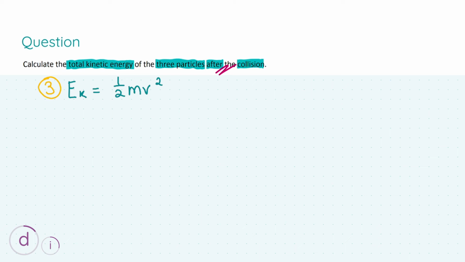Because there is a creation of a particle within this collision, we're going to need the mass energy equivalence formula too, namely E is equal to mc squared. So the change in energy within this collision is going to be equal to the mass of the said particle created times the speed of light squared.